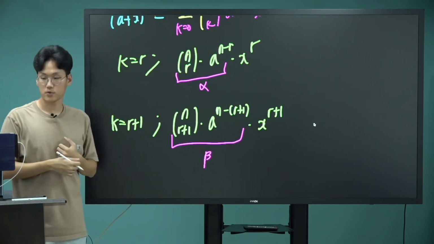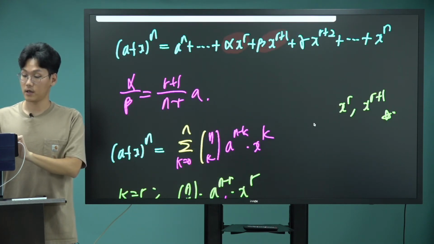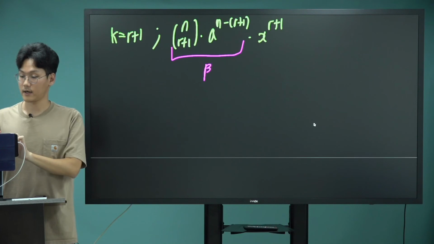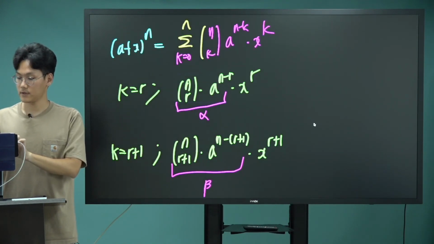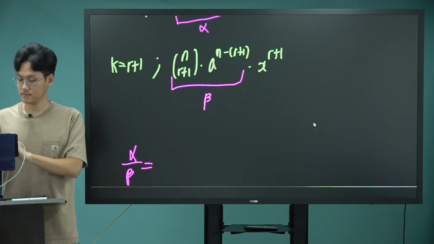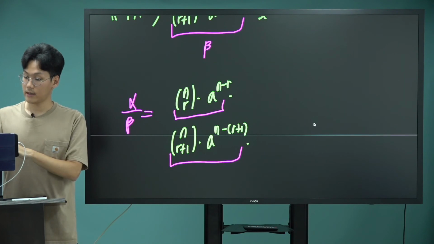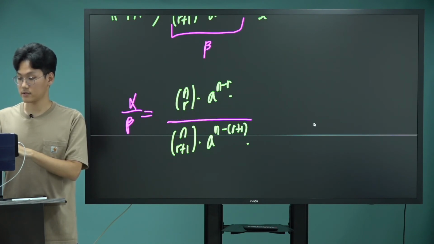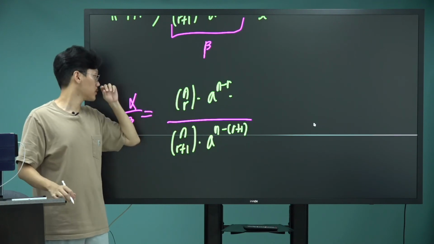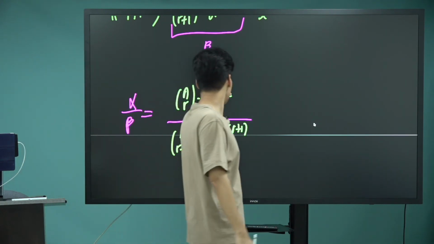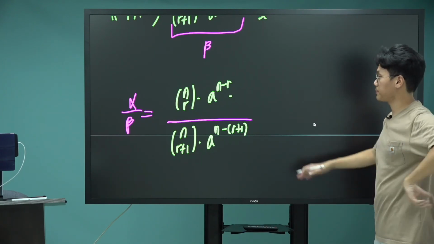So far, so good, but we wanted to find the ratio of alpha over beta. So let's try it. Then the alpha is the same as this, and this is beta. And as I've said, now I've got to simplify. I think this is a lot easier to simplify because the bases of a are together and I'm dividing. When you divide the power by power, you just subtract the powers, right?